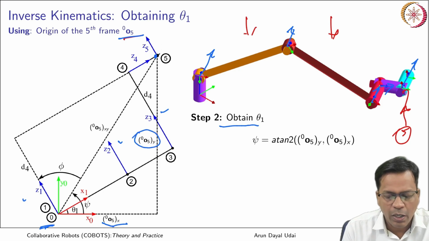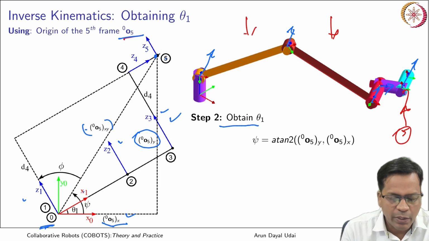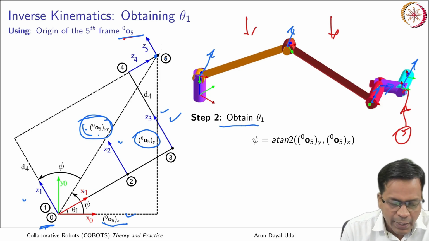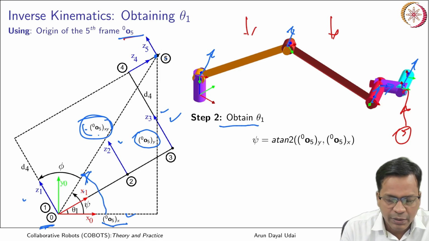Using that, I can quickly find O_5 in the xy plane. Along xy, that means the square root of the square of this plus the square of this should give me this. So, psi can be obtained directly from this. You take this and this, and you can calculate psi.